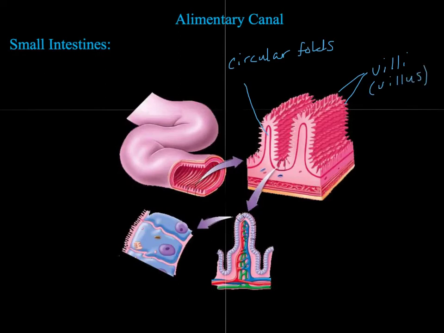And each individual villus, so here's a villus here, has a bunch of cells on its surface. And on the surface of those cells are tinier structures called microvilli, or microvillus singular.